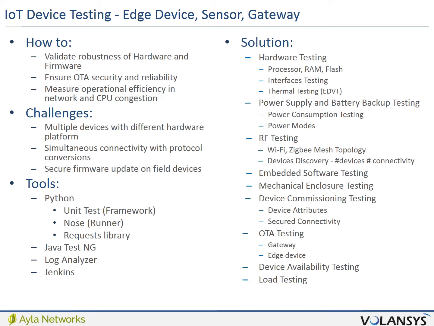We need to ensure that we do various testing of devices to achieve that, which includes hardware testing, power supply and battery testing, and RF testing, which I will cover in detail in coming slides. Mechanical also needs to be tested in various environments. Device commissioning needs to be tested from a seamless user experience point of view. OTA as well as device availability and load testing also need to be done.